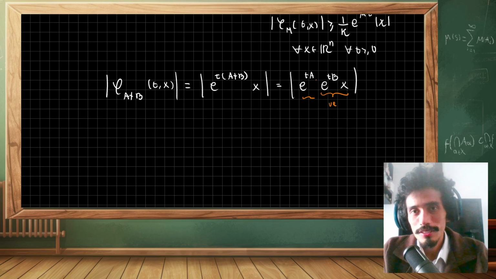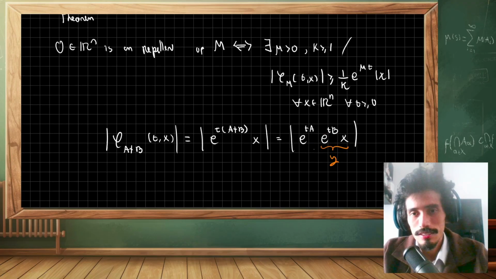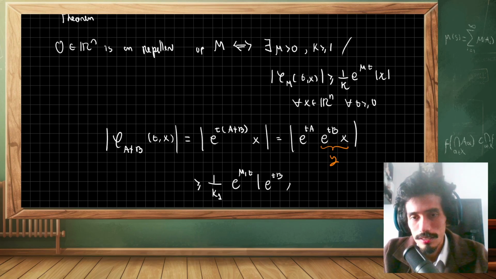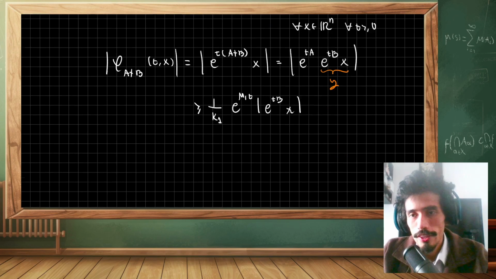Then we treat this vector as some y. Then we apply the condition that the origin is a repeller of the matrix A. Then this is more or equal than some constant k1 times the exponential of mu1 t, and the norm of y. But we replace this here, and then we apply this again.